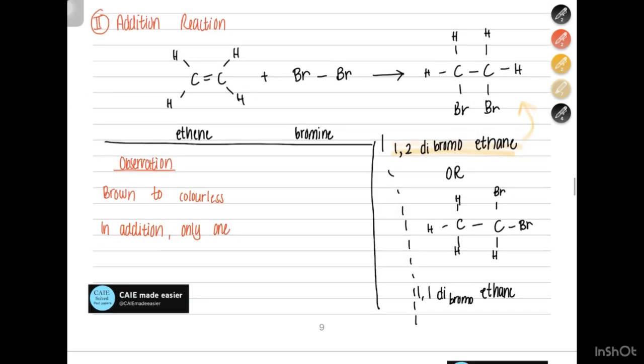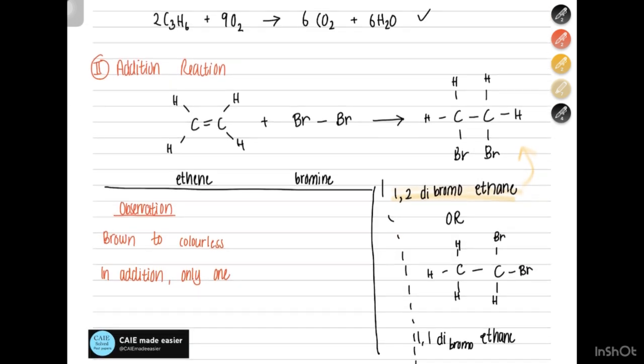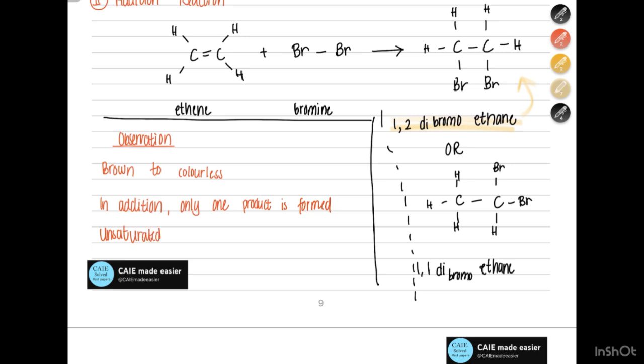But in addition, only one product is formed, and the unsaturated alkene turns into a saturated product, because we're getting rid of the double bond. So these are 3 points that you can say.